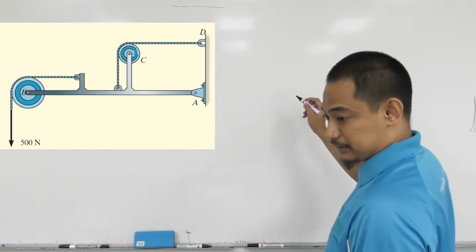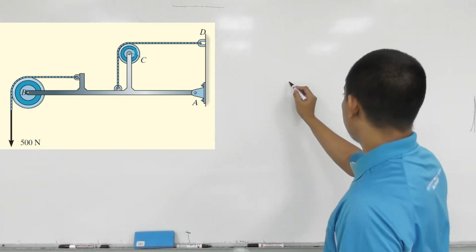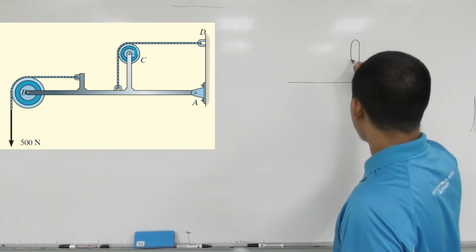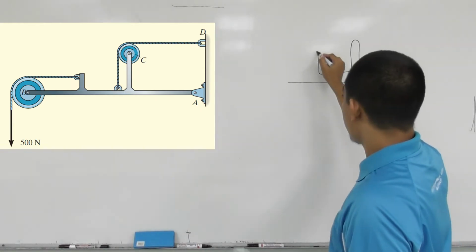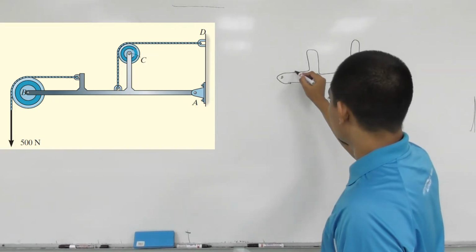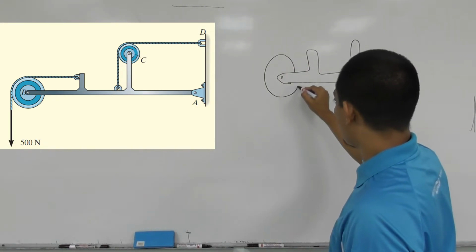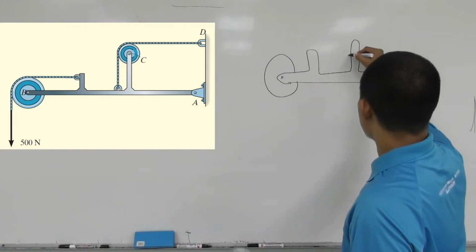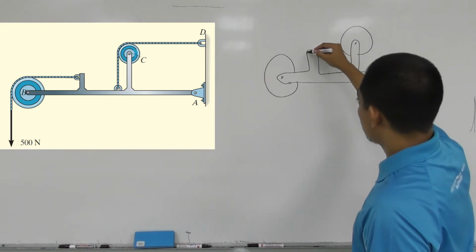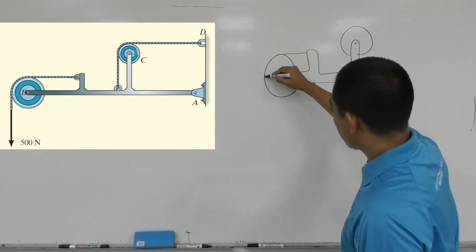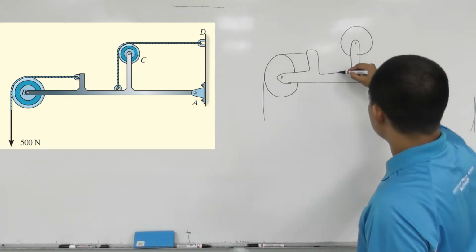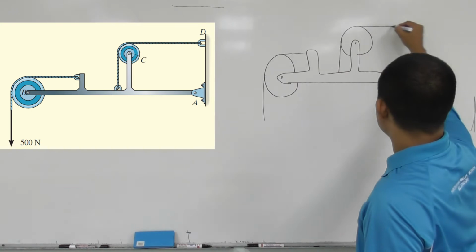So basically, if you do that, what you'll have is something like this, right? So this one, and then this one, right?